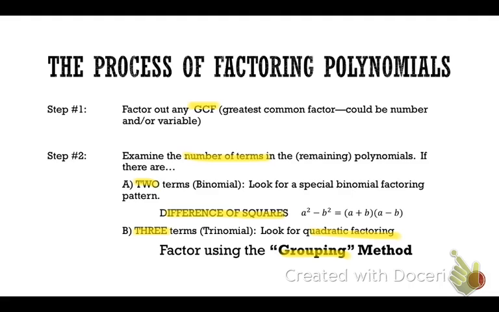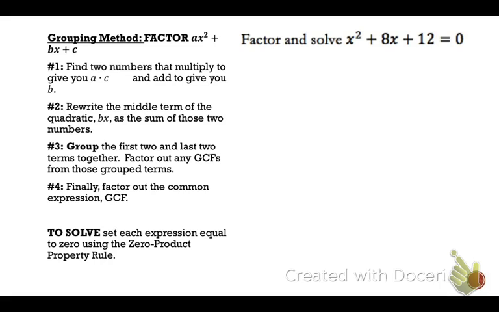So again, something in quadratic form would be a polynomial that we could arrange as ax squared plus bx plus c. If you end up with a trinomial in that form, this is the grouping method.